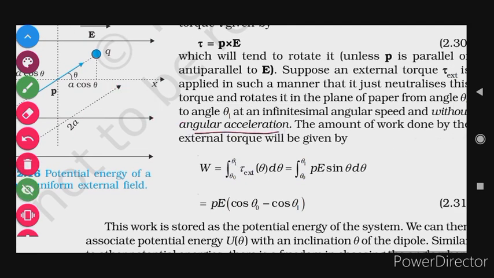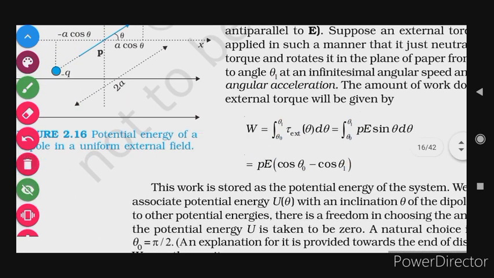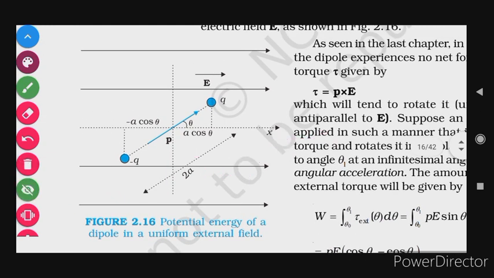This is similar to the discussion when we bring a charge from infinity against the electrostatic field, where we also exert an external force such that the net force is zero and there is no acceleration on the charge. So this is a similar concept: we apply an external torque opposite to this torque, with a very small angular speed, so that there is no angular acceleration.